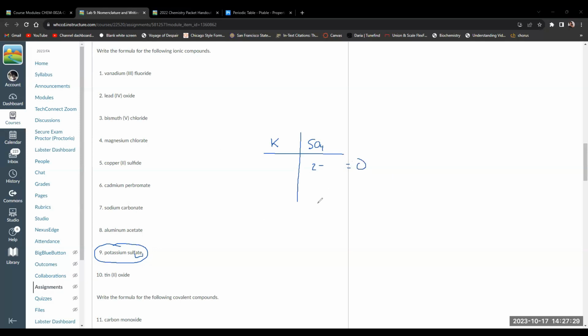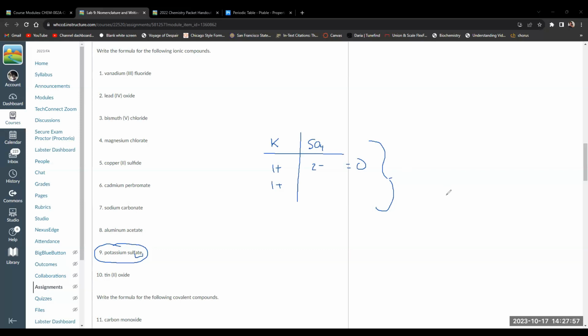So potassium has a +1 charge, right? We needed to make it equal 0. So let's go ahead and add another potassium here. 2 plus, 2 minus makes 0.